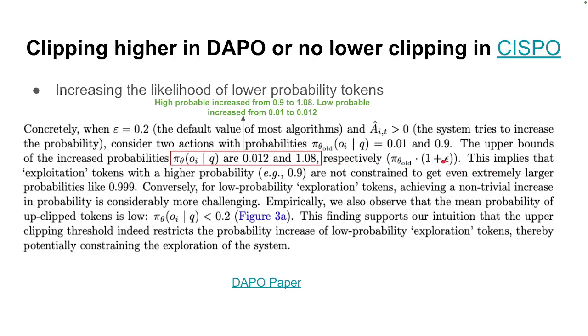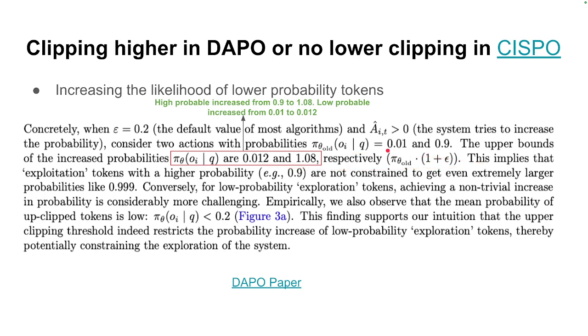Similarly, when your epsilon is 0.2, 1 plus 0.2, which is 1.2, if you multiply by 0.01, your new updated log probs are this 0.012.